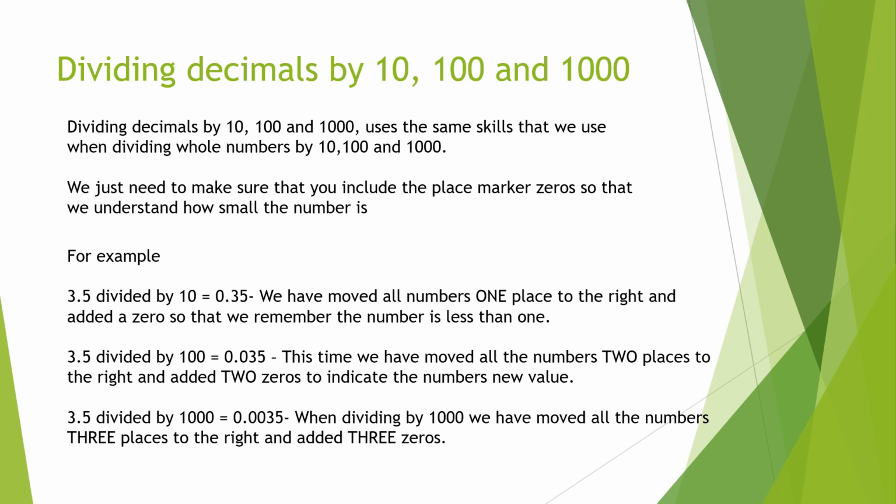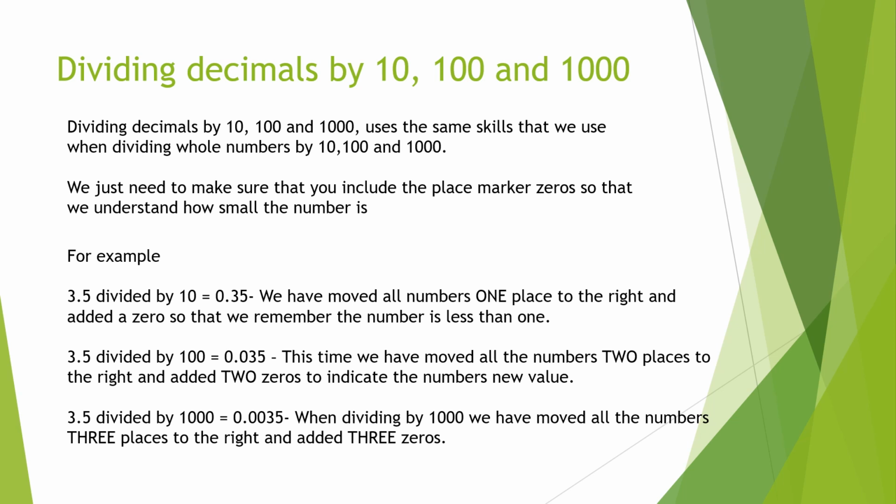Okay, when we divide that by 10, we move all the numbers 1 place to the right. So that 3 jumps over the decimal place and moves into the tenths column. And that 5 moves over into the hundredths column. And then we need to put that 0 before the decimal place so that we understand that number is 0.35.